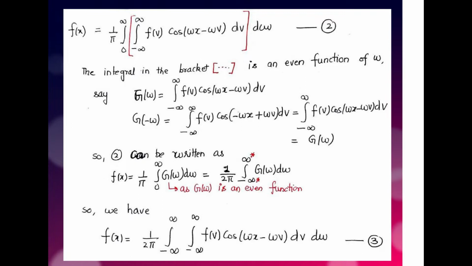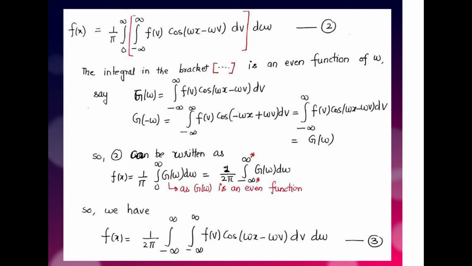So f of x is now 1 upon pi, integral from 0 to infinity, inner integral from minus infinity to plus infinity f of v cos of (wx minus wv) dv. See this expression in the red bracket. There are three variables w, x and v.